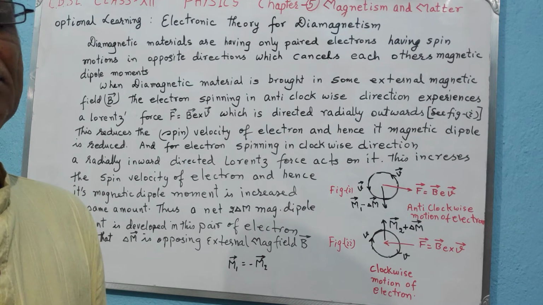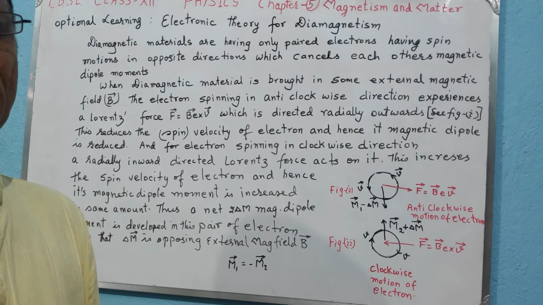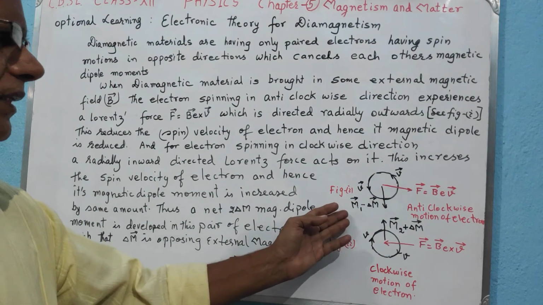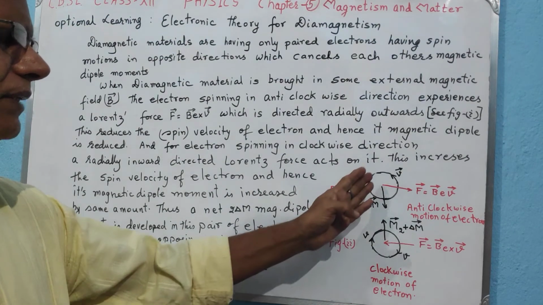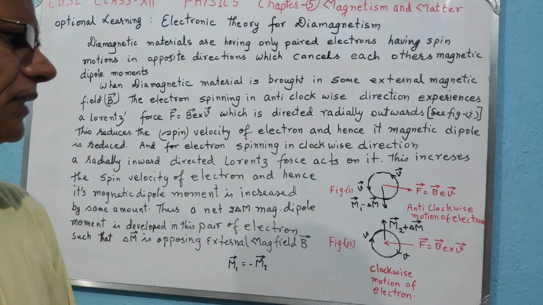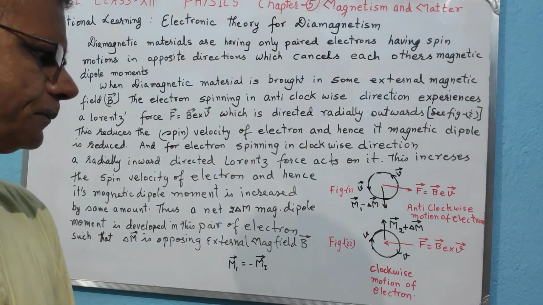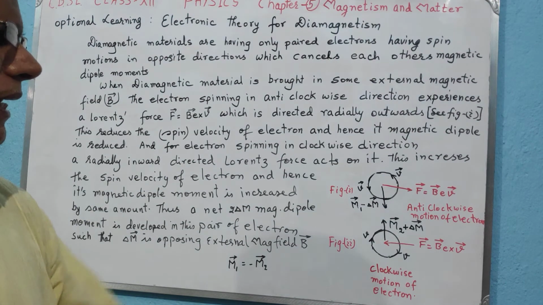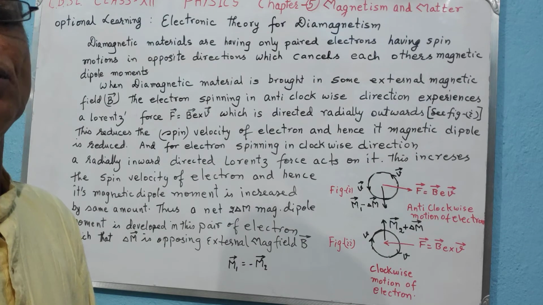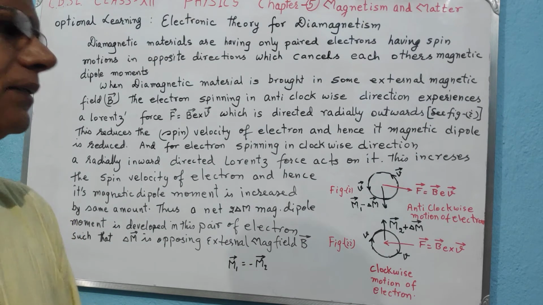So while the magnetic dipole moment produced by one electron is decreasing, which has a magnetic dipole moment in one particular direction, say for example we are talking about it in figure 1, where we have taken that the magnetic dipole moment due to the spinning motion of the electron is vertically downward, and that is reduced by a factor delta m when it is brought into an external magnetic field.